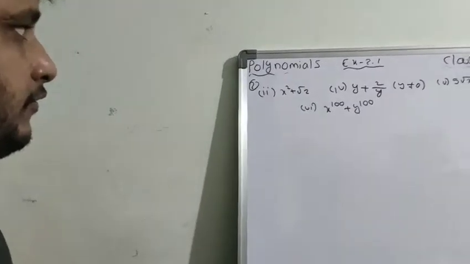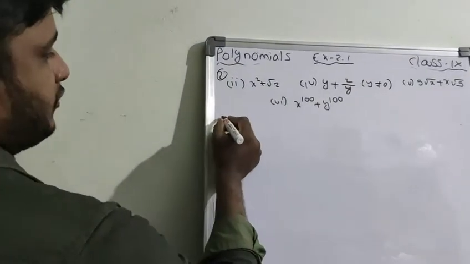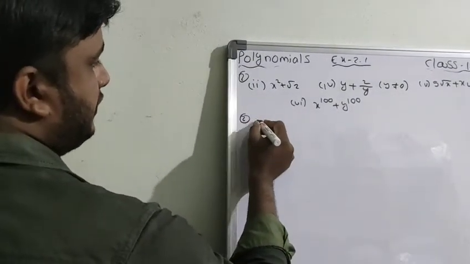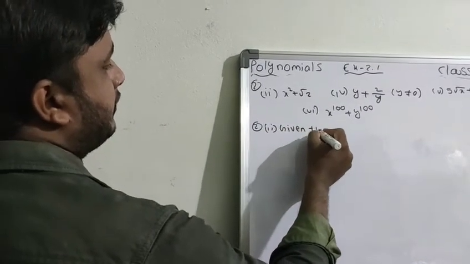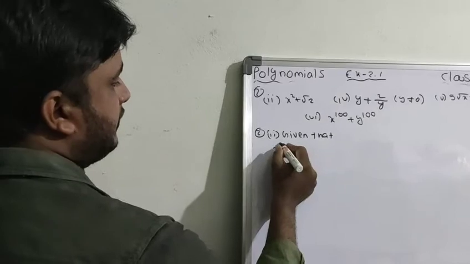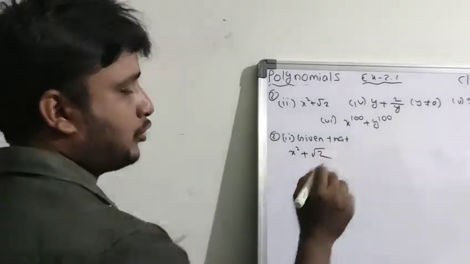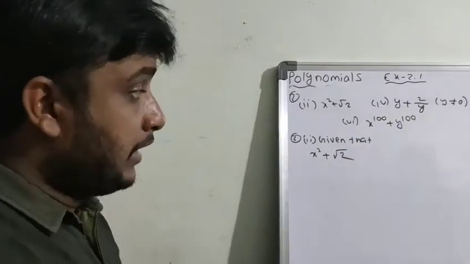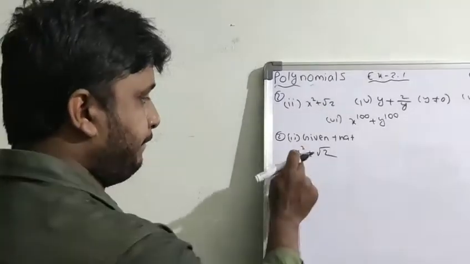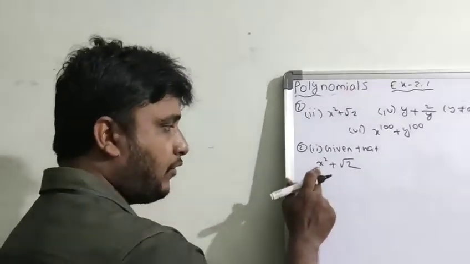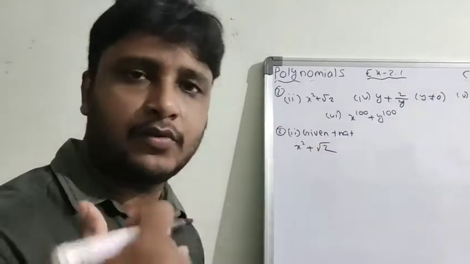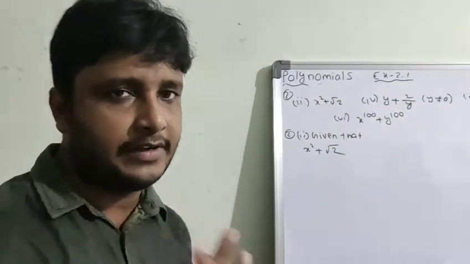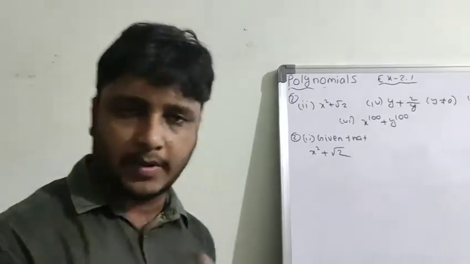So first of all, second question, first bit. Second question, second bit. Given x squared plus root 2. In this we have only one variable. Very good. And root 2 is a constant. It may be negative, rational, or irrational, not a problem.